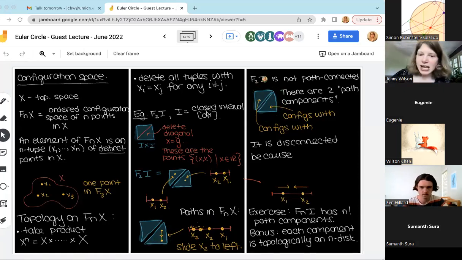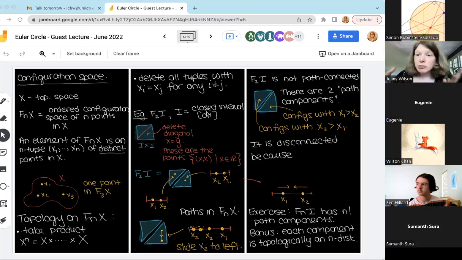So it fails to be path connected because this configuration up here consists of all of the points where x1 is bigger than x2, and this second component down here consists of all the points where x2 is bigger than x1.